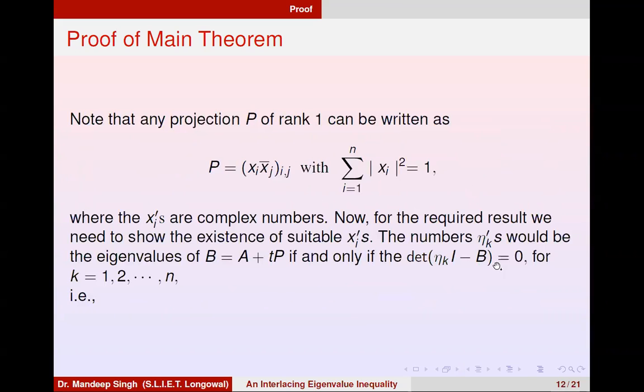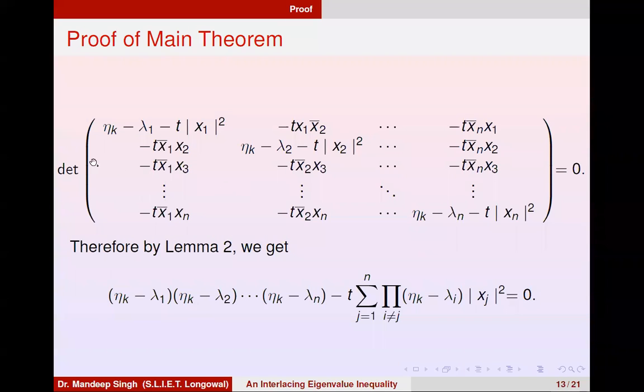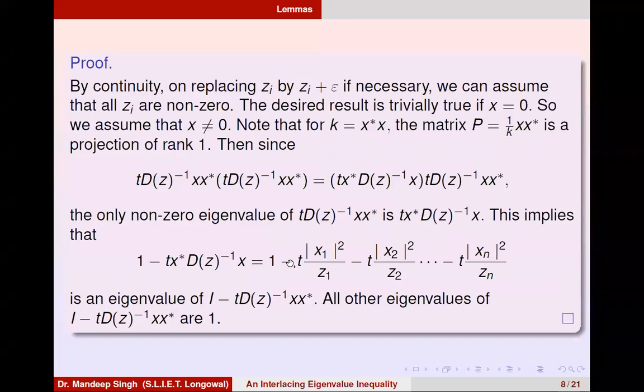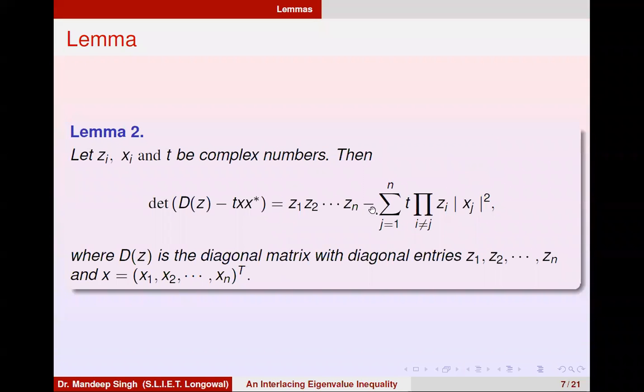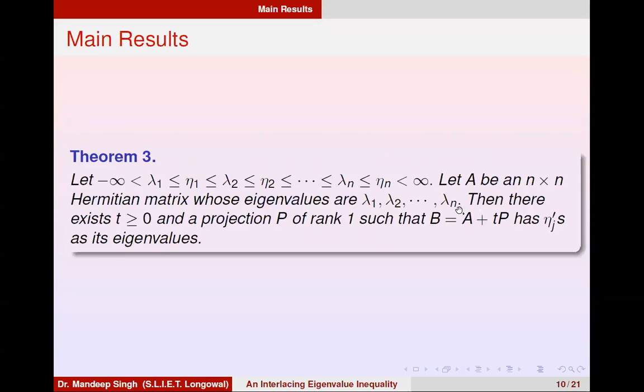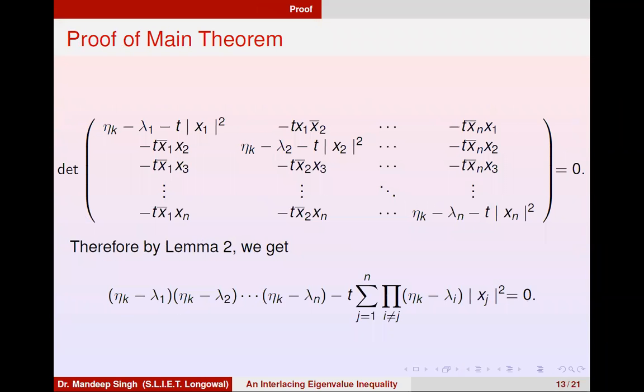If I just put here everything, A is diagonal lambda j's, P is this, then this expression means determinant of this matrix is 0. And if I take this as my Z1 and this as my Z2 and this as my Zn, using the theorem which I proved here, the determinant of this is given by that. Applying this here, I can get the determinant of this as this.